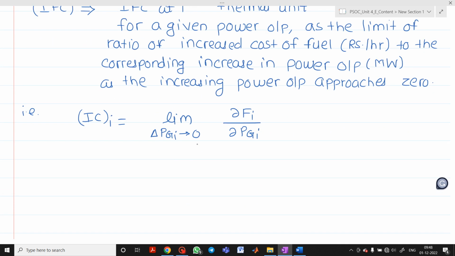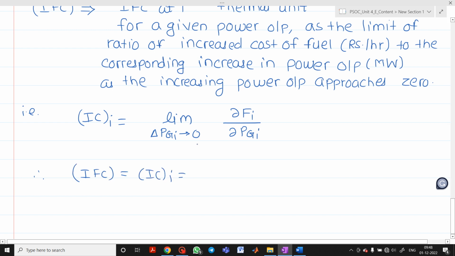Or in other words, how can I write incremental fuel cost or IC? I can write it as dFi upon dPGi. In some books it has been written like this, dCi upon dPGi.